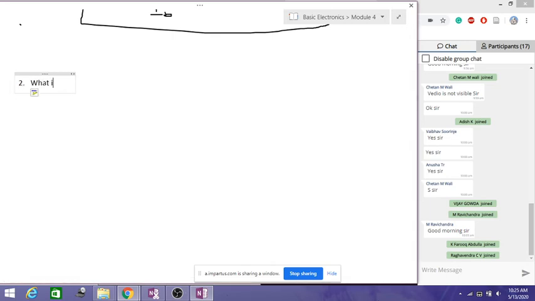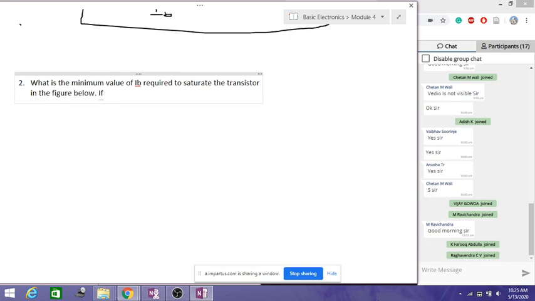So the question is, what is the minimum value of IB required to saturate the transistor in the figure below if beta value is equal to 125 and VCE is equal to 0.2 volts.